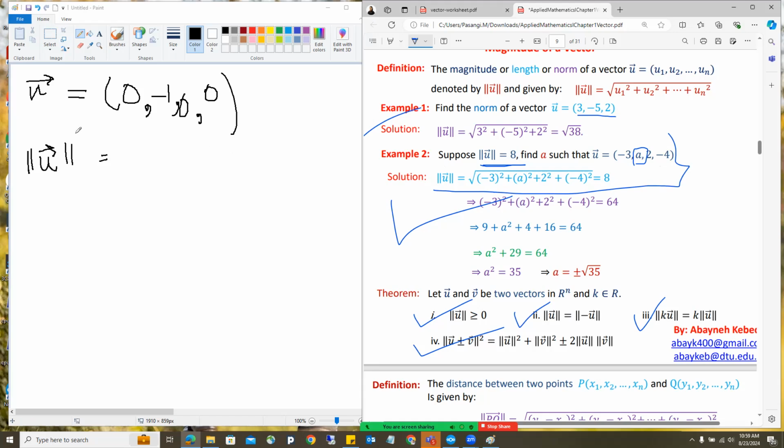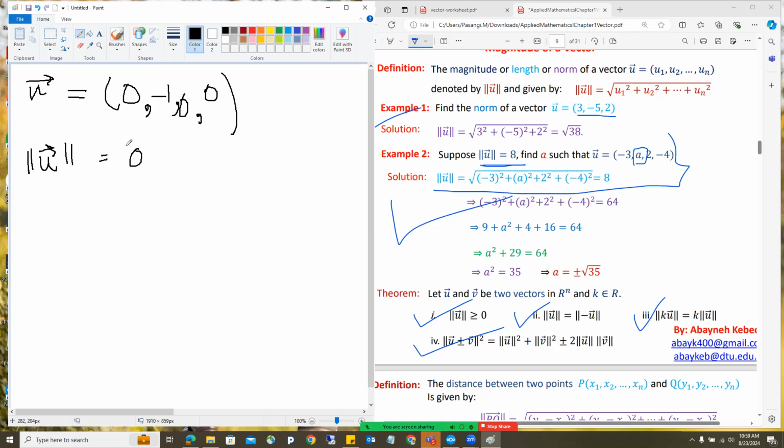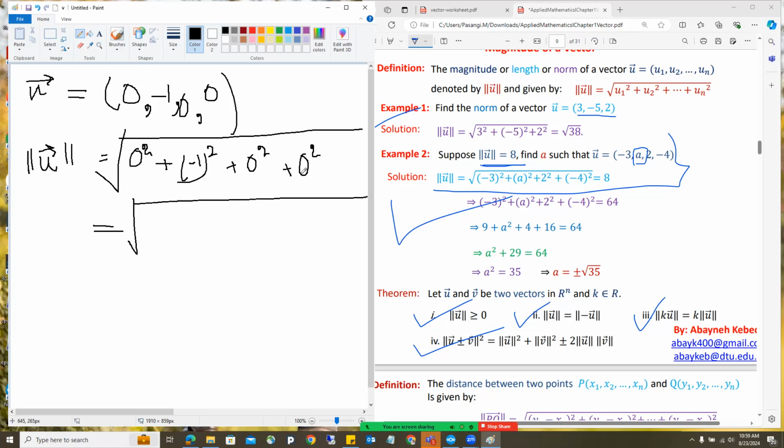If we find the magnitude of u, we need to take the square root of the sum of these components squared. That means 0 squared plus minus 1 squared plus 0 squared plus 0 squared, which gives 1.